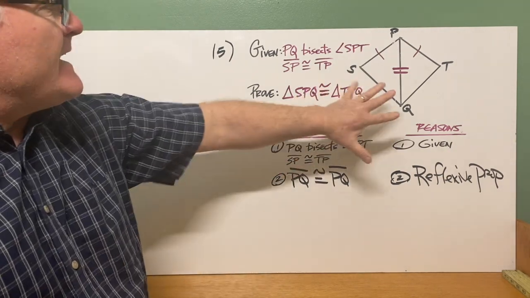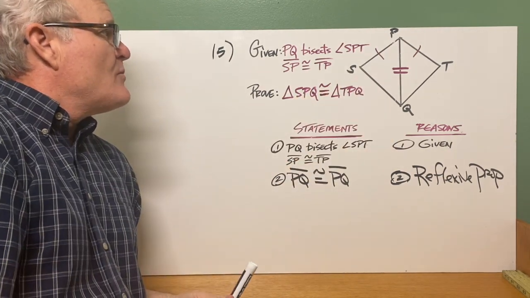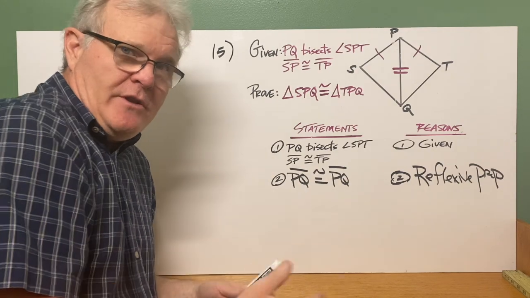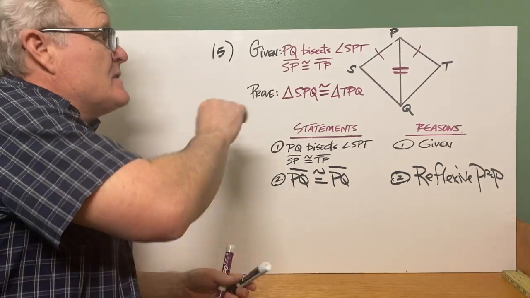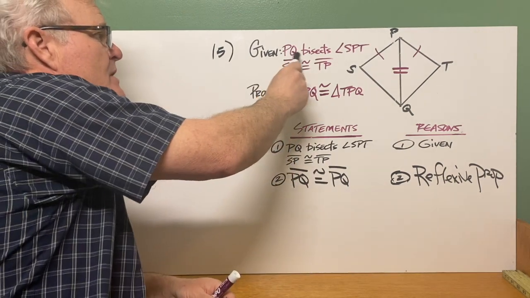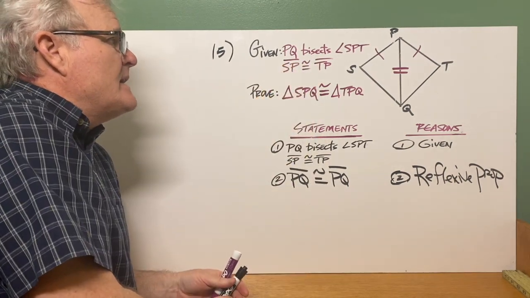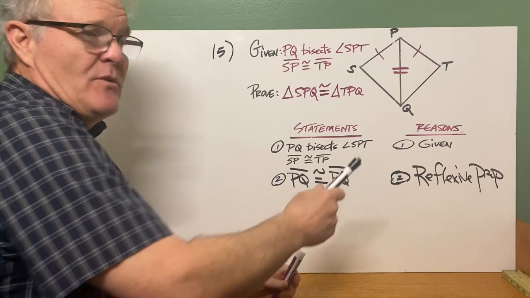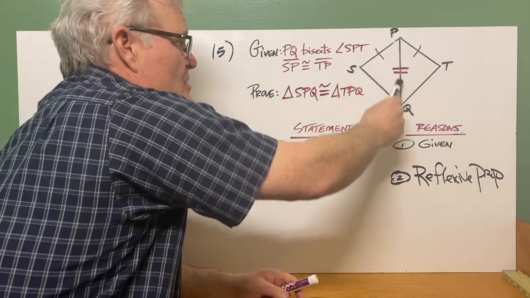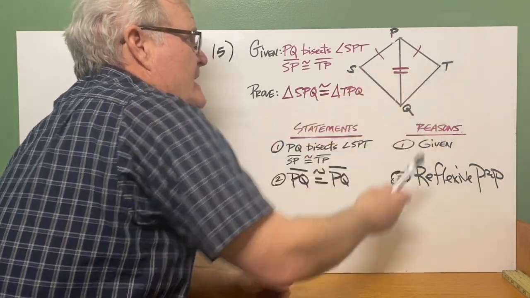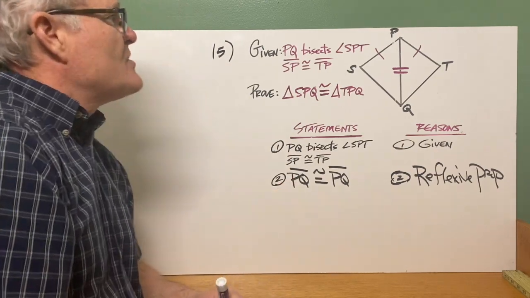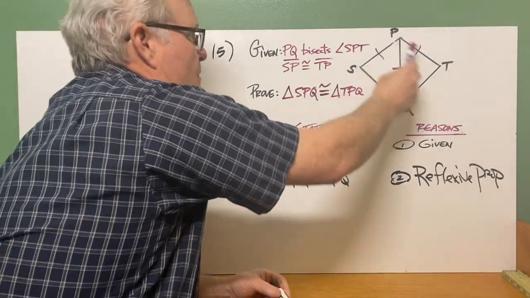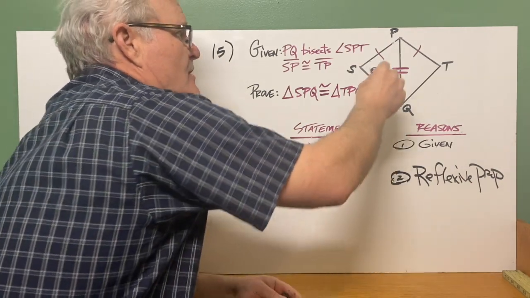So now I have 2 sides of one triangle to match up with 2 sides of another. Well, I've gotten everything I can from the picture. Remember what I taught you earlier this year was you're going to use everything you get from the given. So on this one, we're also given that PQ bisects angle SPT. So what does that actually mean? Well, if you look at the picture, PQ bisecting SPT, to bisect that angle means it's going to cut it right in half. So that means that this angle SPT is going to get split into 2 congruent angles.